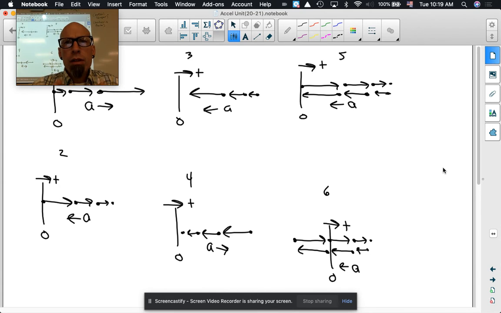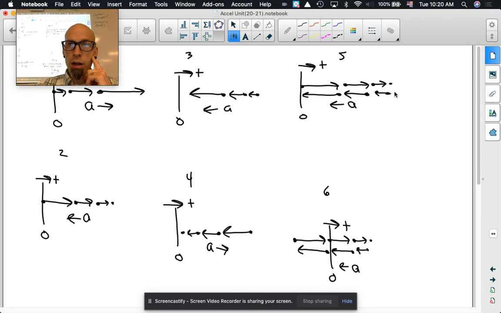First look at all of the motion maps where the velocity is getting bigger, where it's getting faster. That'd be this one, right? Velocity is getting faster. Arrows are getting longer. If the arrows are getting longer, that means it's getting faster. Not here, not here. This one.